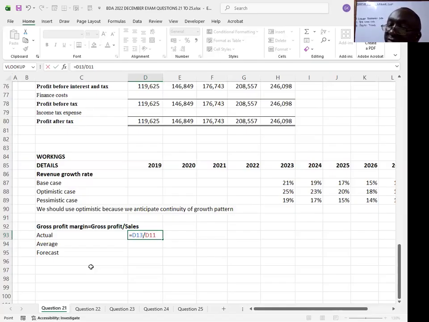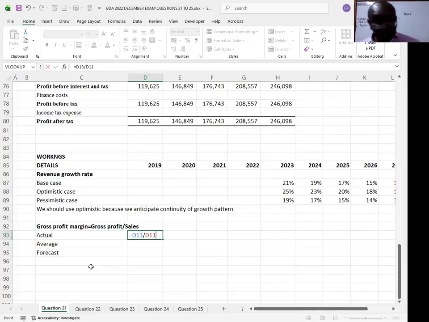The gross profit divided by sales. Okay, 40%.